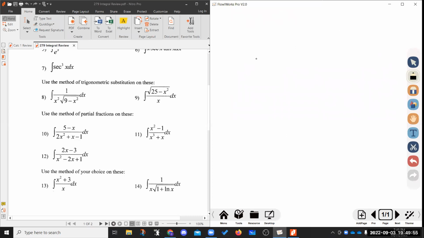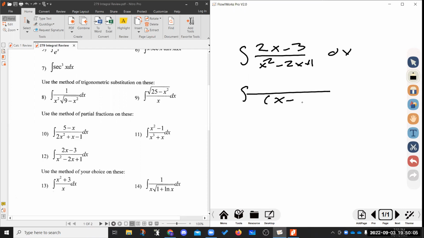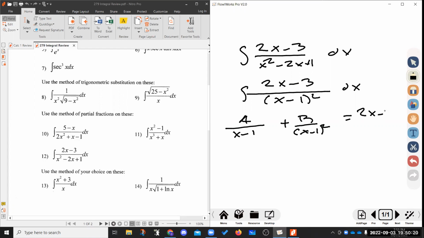Now we're going to solve number 12, 2x minus 3 over x squared minus 2x plus 1 dx. This has a repeated root in the denominator. So we're going to have a over x minus 1 plus b over x minus 1 squared equal to 2x minus 3 over x minus 1 squared.